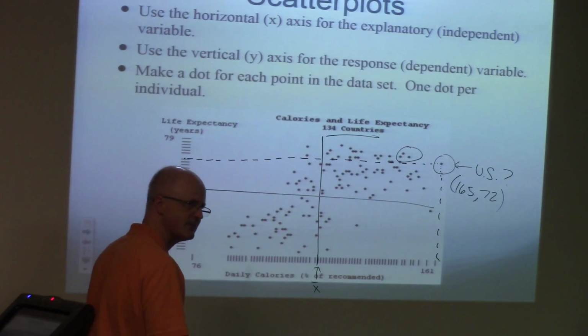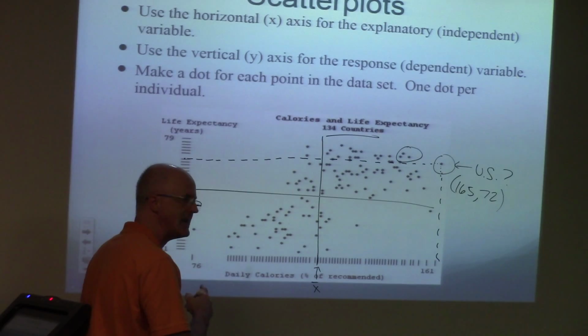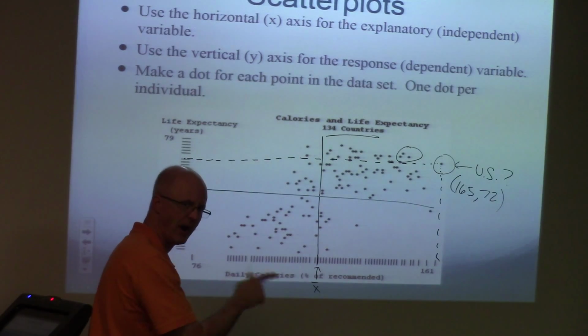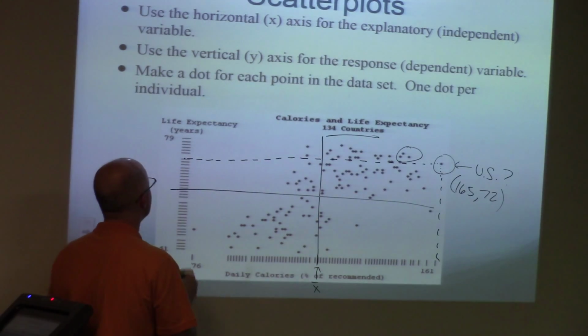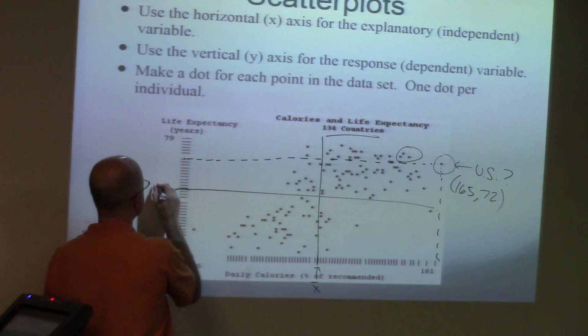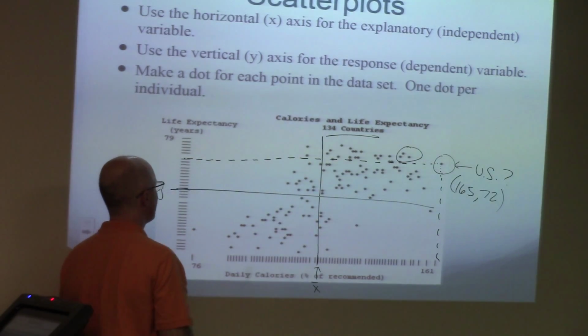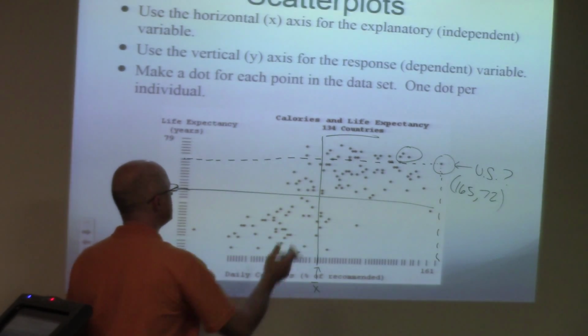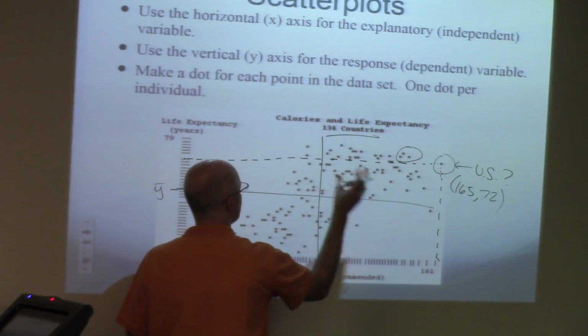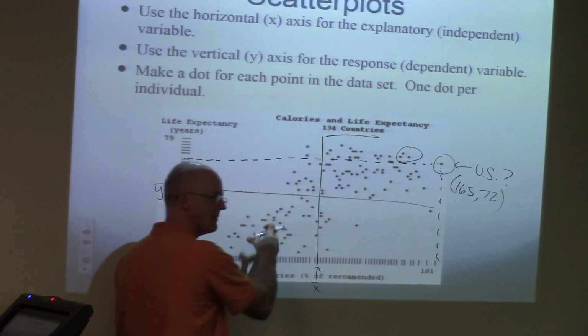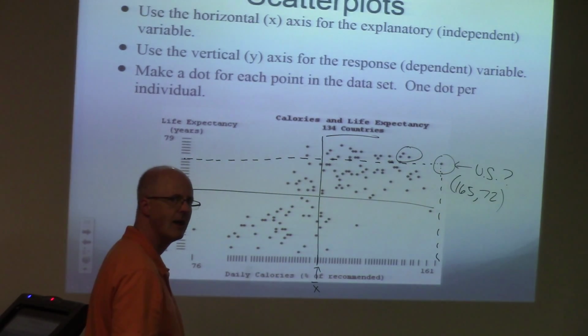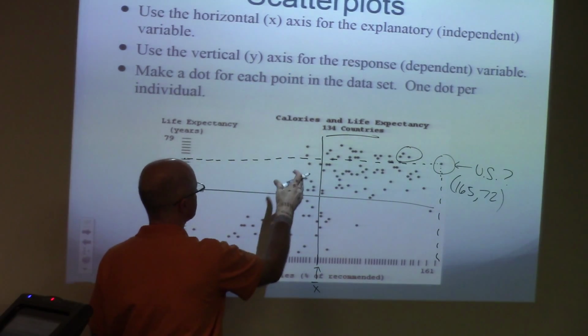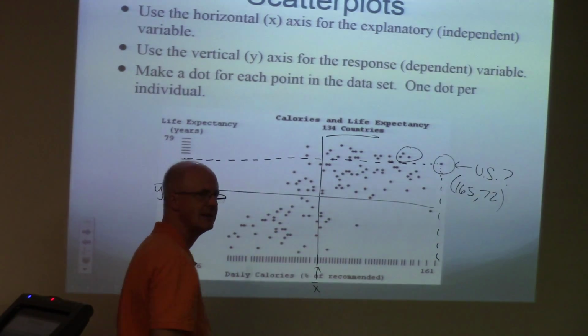Let's just pretend it is x bar, the mean of the calorie intakes for every country put together. And this number over here, let's say that's the y bar, the average of the life expectancies of all 134 countries. You've got these 4 quadrants. Most of the points are in the upper right and the lower left. Very few, relatively speaking, are upper left and lower right.